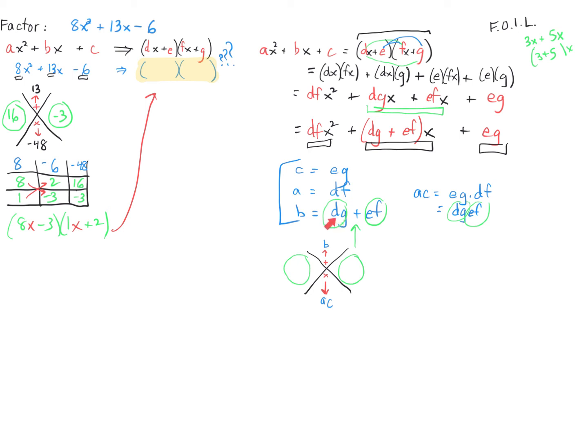Well, the values will be DG and EF. So let's write those in. We already knew that just from the algebra, but using this pattern, we can see that if we add DG plus EF, we do get B. And if we multiply DG times EF, we do get AC.